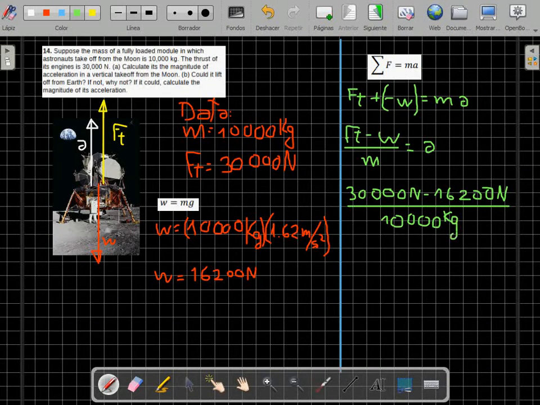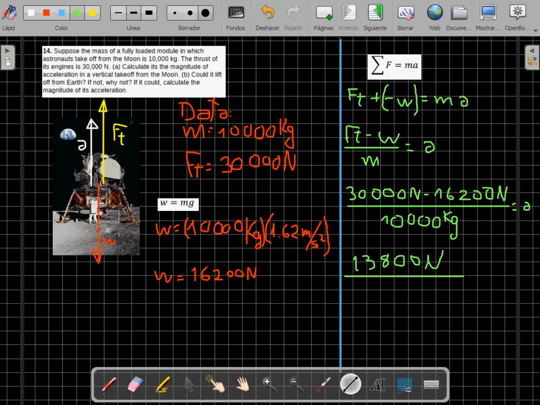There we go. And that's equal to the acceleration that we want to know. Alright, 30,000 newtons minus 16,200 newtons is equal to 13,800 newtons, and all of that divided by 10,000 kilograms.